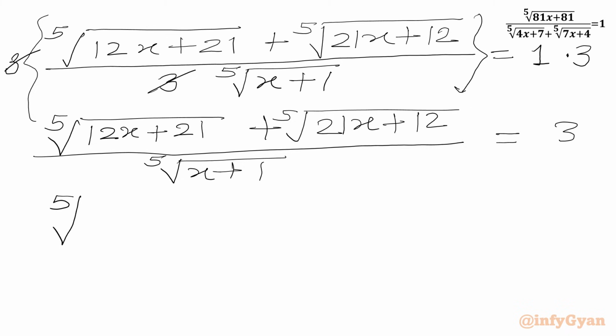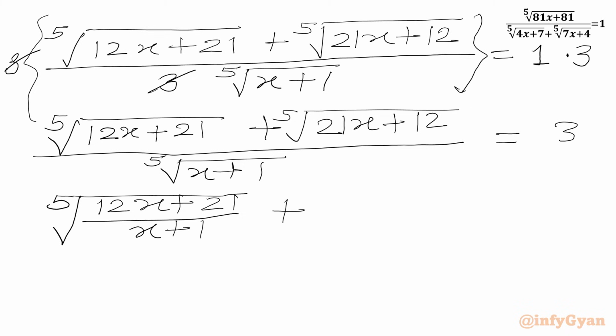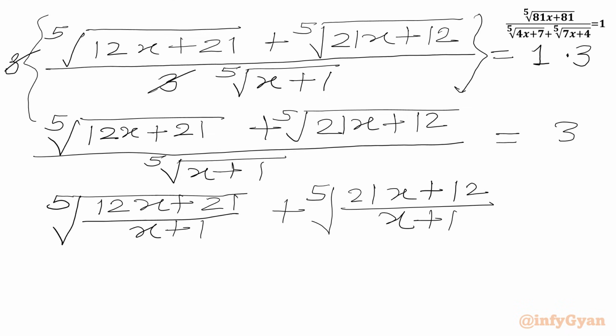So we can write fifth root of 12x plus 21 in the numerator with denominator x plus 1 plus fifth root of 21x plus 12 with denominator x plus 1 equal to 3.